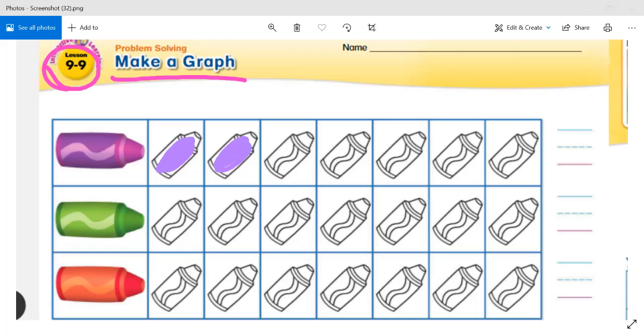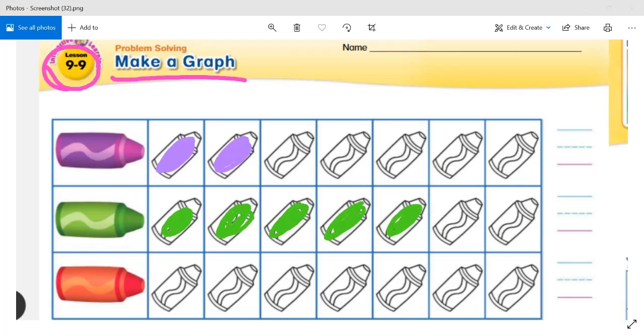That's right, 5. 1, 2, 3, 4, 5. All right, so far, more of our superstars like green than purple.